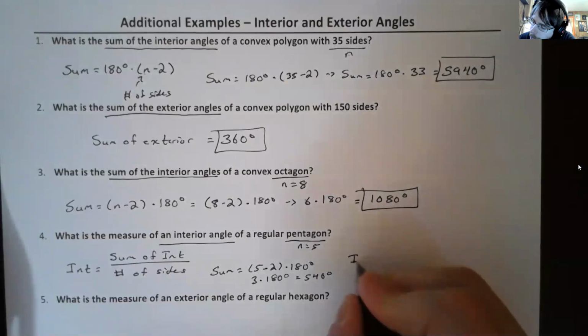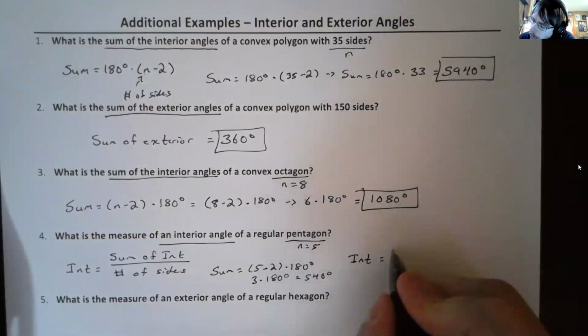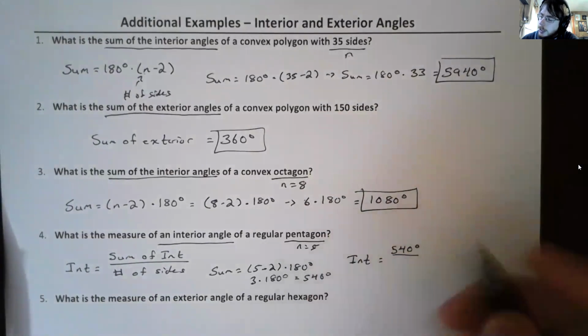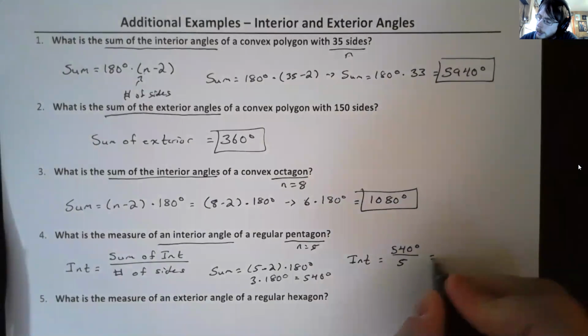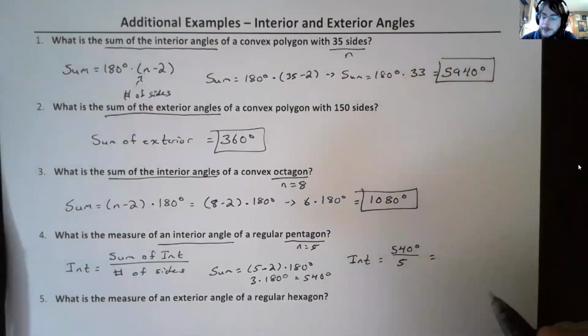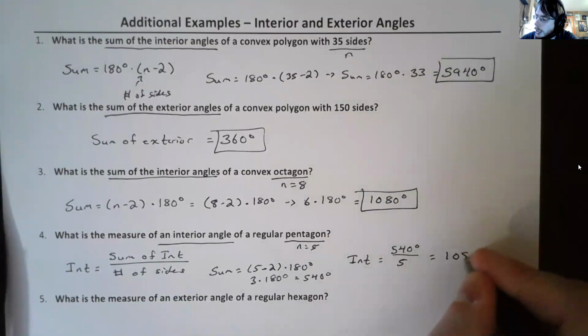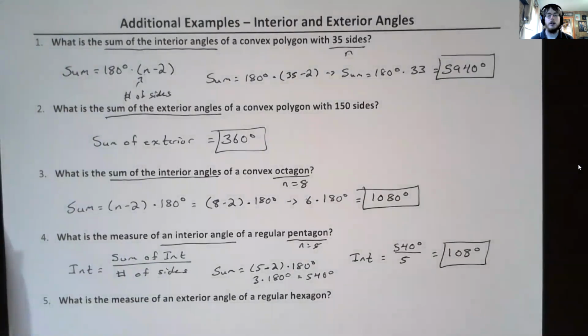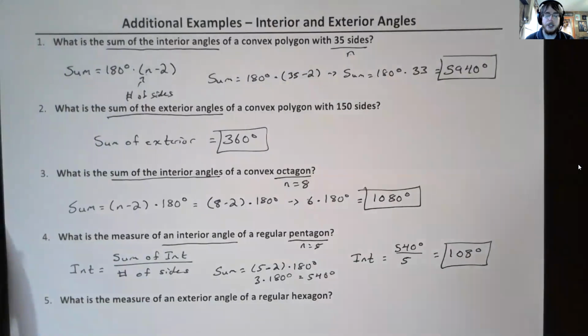To find the one interior angle, we take our sum, 540, and divide by the number of sides, which in this case is 5. So 540 divided by 5 gives us 108 degrees. That is the measure of one interior angle of a regular pentagon.